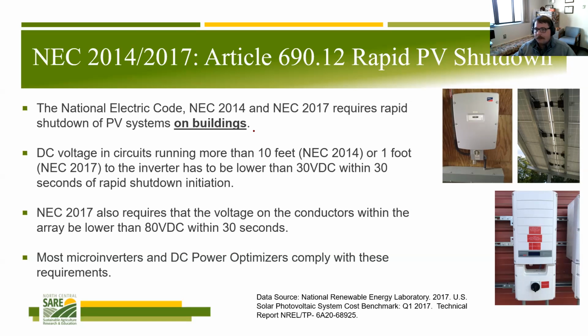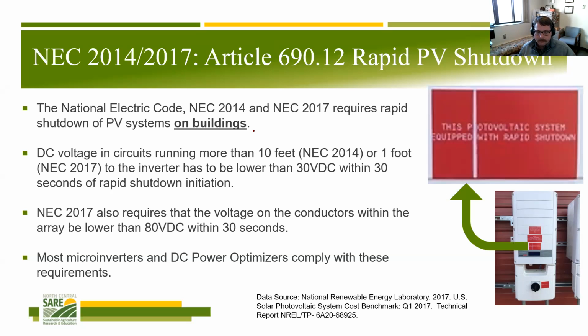Though the string inverter companies are coming out with some electronics that can be mounted on the roof to make a string inverter work for a roof mount, we are changing things over time with the electric code. And it's important for your installer to know the electric code. So you want to be clear on that.